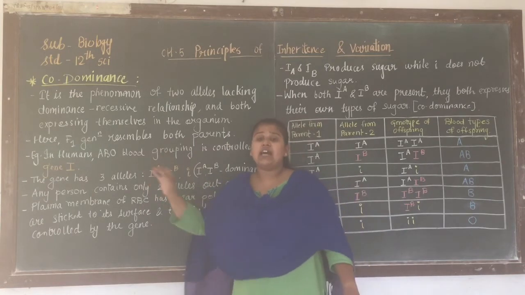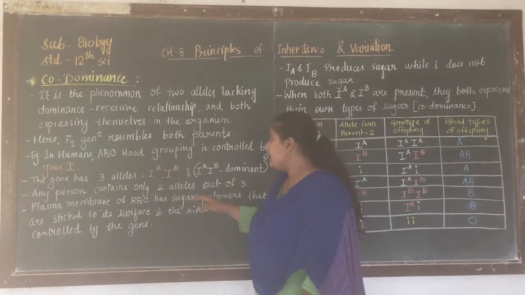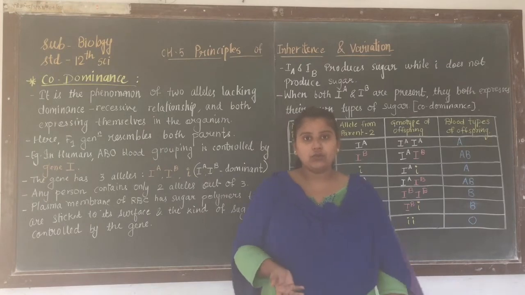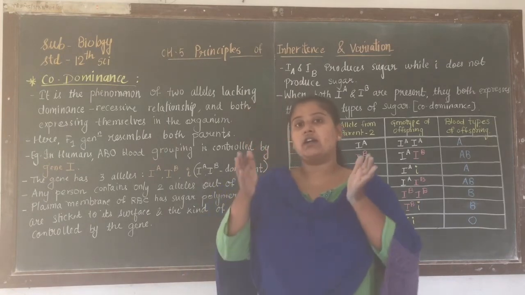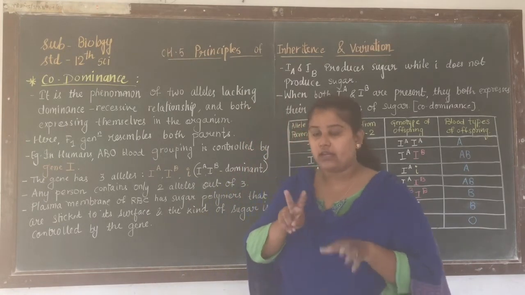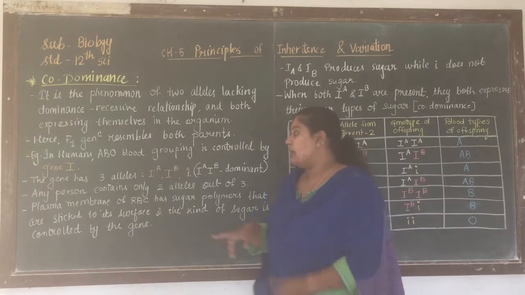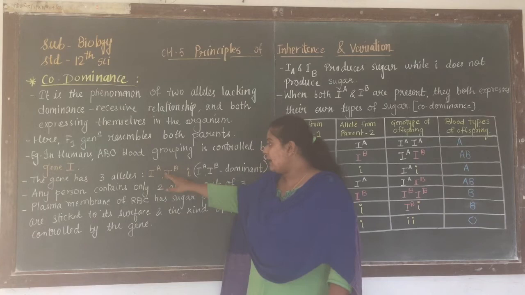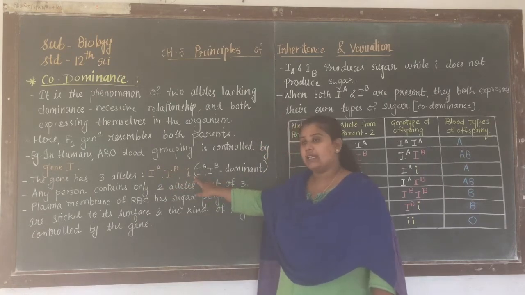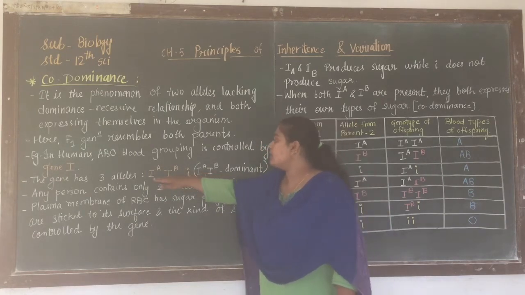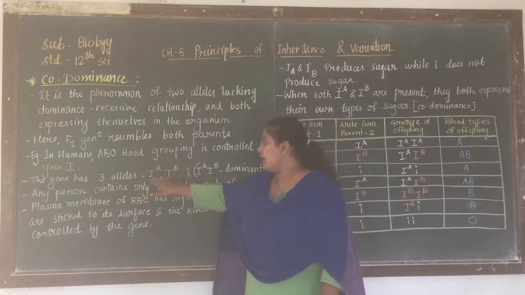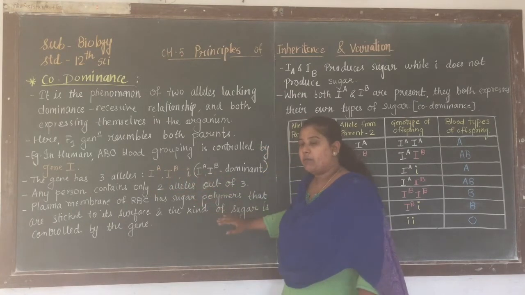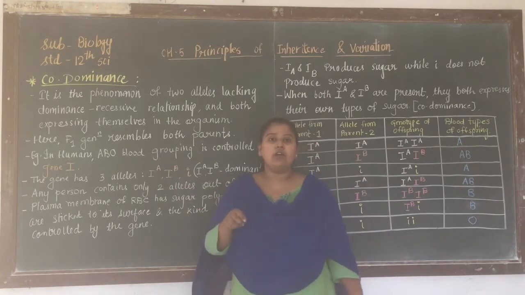Now this gene I has 3 alleles, right? Normally we know that alleles occur in pairs, that means 2 are present. But here this gene has 3 alleles: capital IA, IB, and small i. And among these 3, IA and IB are both dominant over the small i.